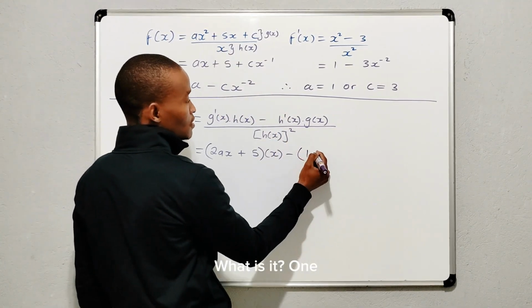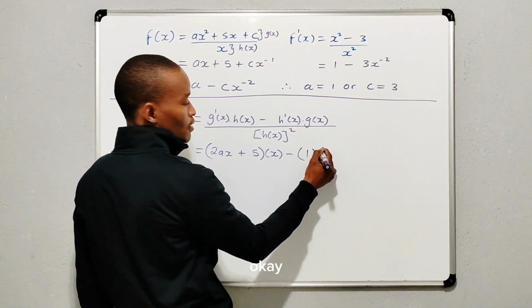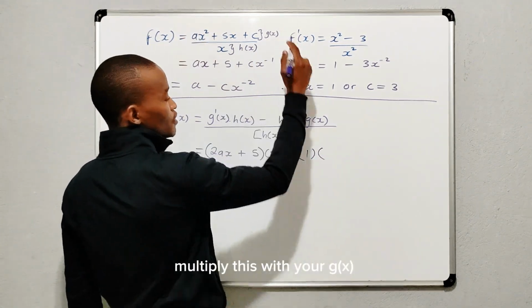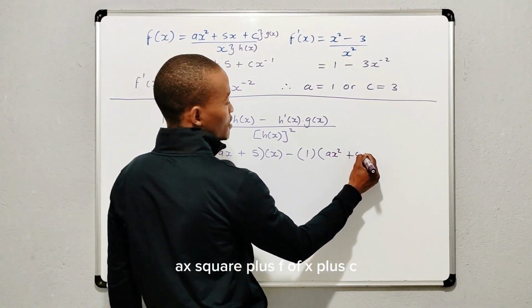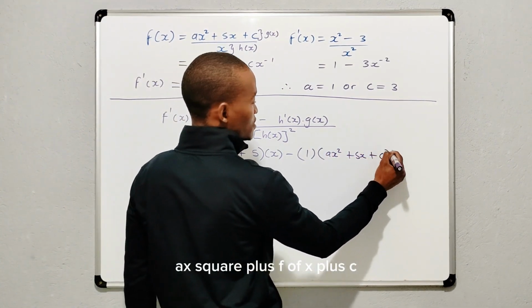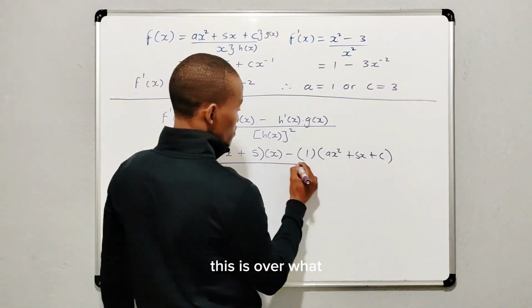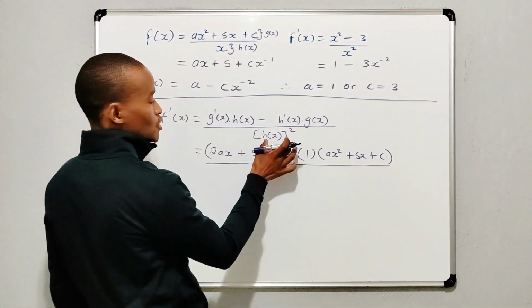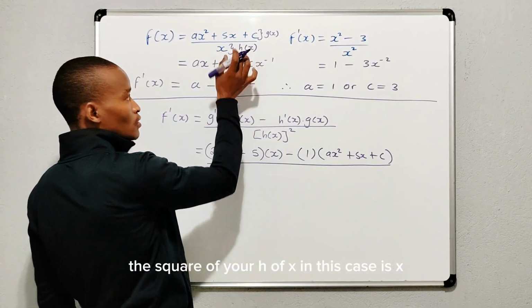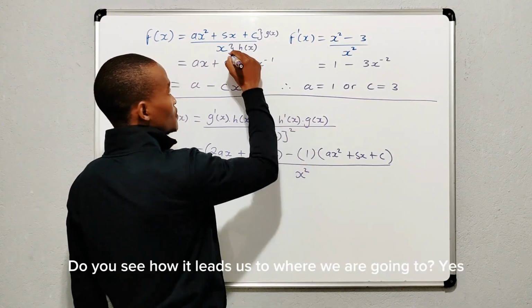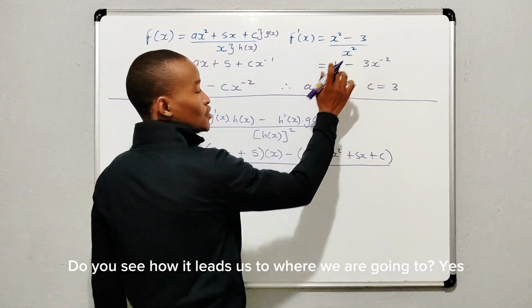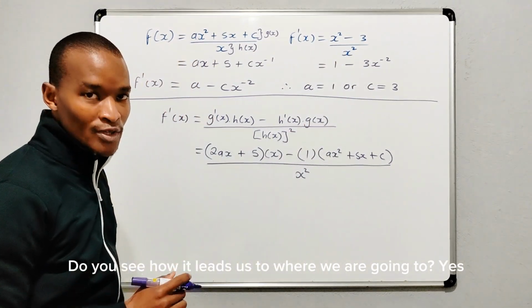What is it? 1. You multiply this with your g of x, ax squared plus 5x plus c. This is over the square of your h of x. In this case, it's x, you square that. Do you see how it leads us to where we are going?